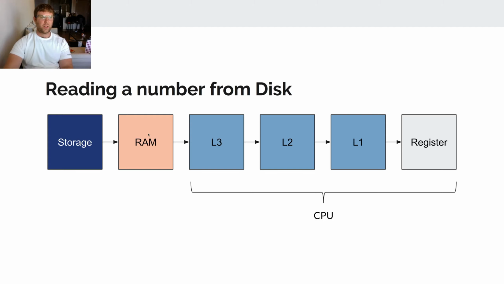That's first going to go into RAM, which is where our active running program is, and then it's going to be pushed all the way down to the cache. All of this, the cache and the registers, are on the CPU. So it has to go first to L3, which is a larger subsection of your program, into L2, which is a smaller subset, into L1, which is an even smaller subset, and then finally into a register, and then you can do something with it.